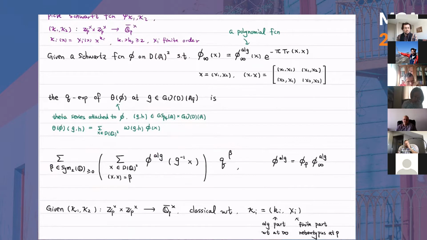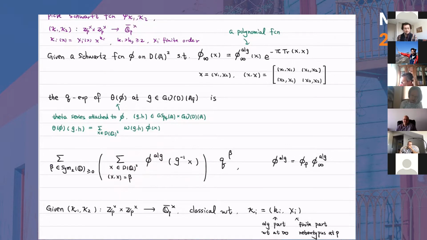So the q-expansion is indexed by semi-definite symmetric 2 by 2 matrices, and for each index beta, the coefficient is a finite sum over rational points x whose matrix for the quadratic form is beta, taking the value of the algebraic part of the Schwartz function at g inverse times x.